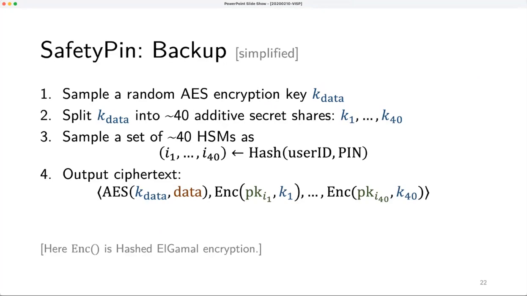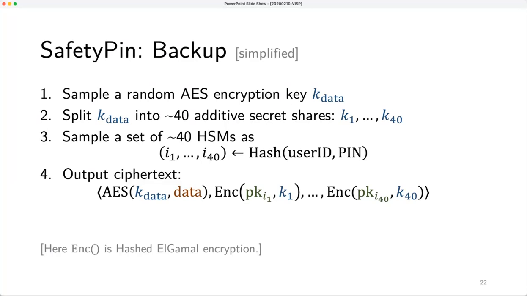Then the phone samples a set of roughly 40 HSMs by hashing the username, say the Google username of the phone's user, along with the screen lock PIN. So you hash the user ID and the PIN, and this gives you the identities of 40 HSMs.